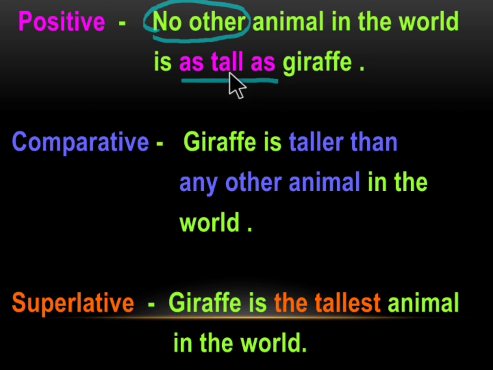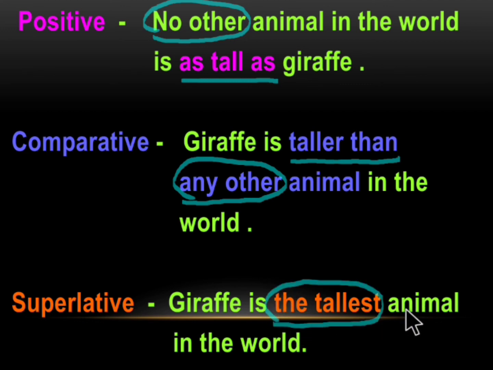The comparative degree of tall is taller. So after taller we use than. That is the rule. Any other animal. So this any is type 1, animal in the world. Superlative degree. So as we have begun with giraffe here, so same here, giraffe is the tallest animal in the world.